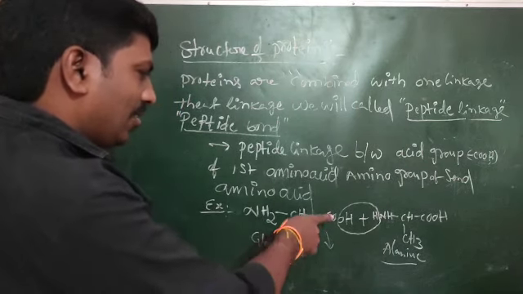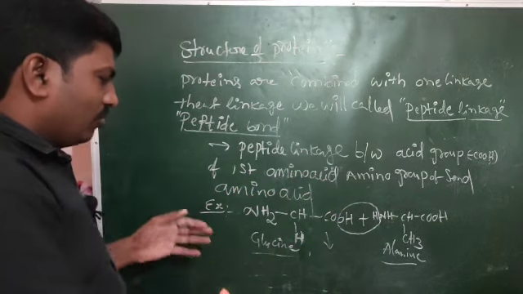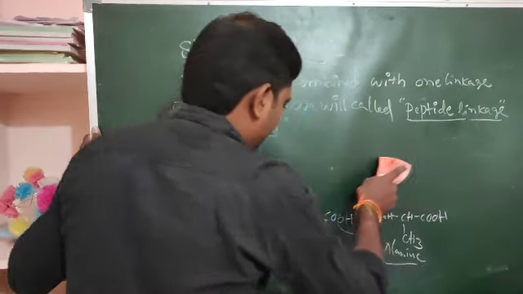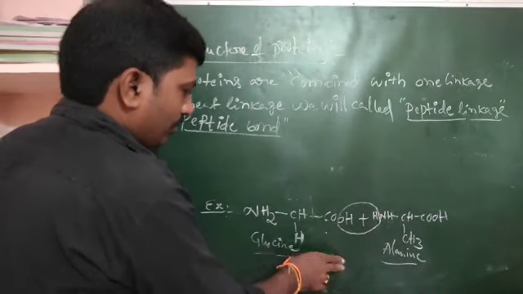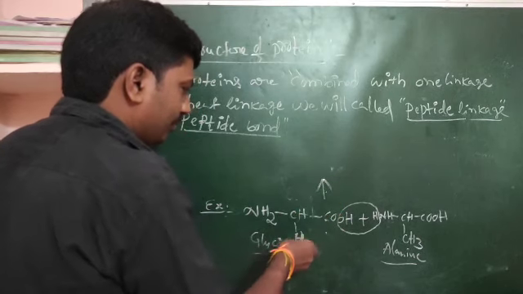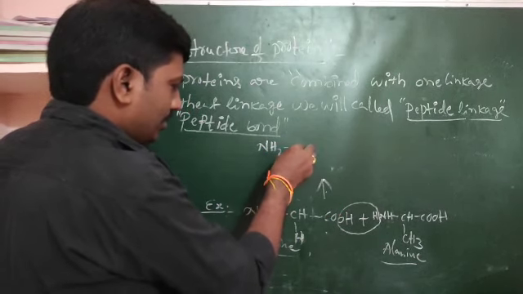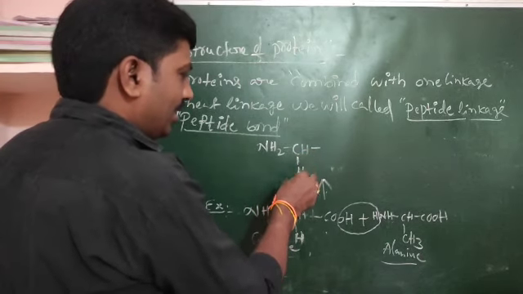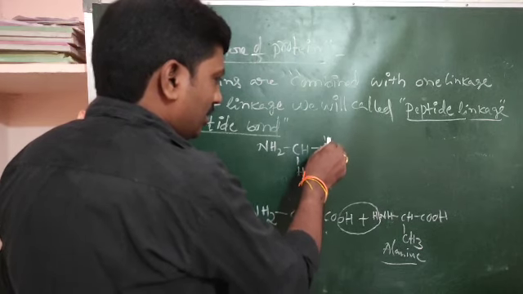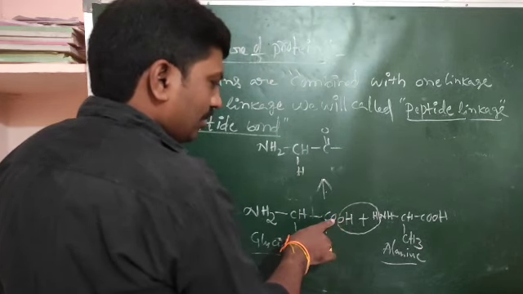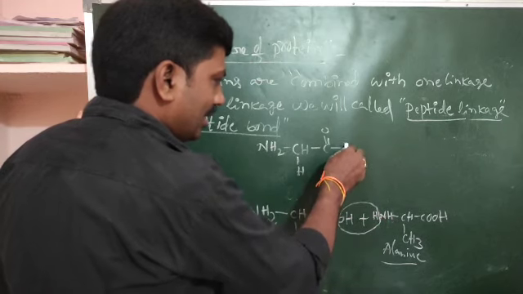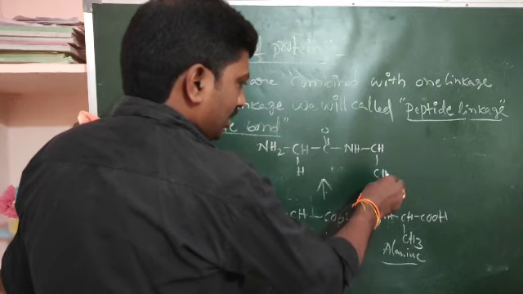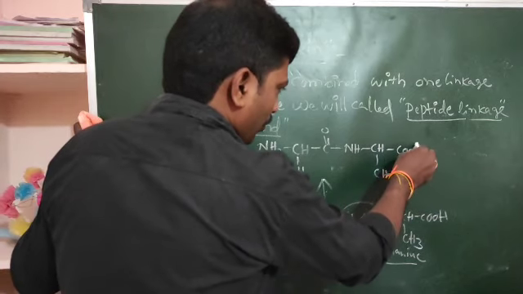Without that water molecule, we write the compound as NH2CH2, glycine, then C double bond O, then N attached, NH, then CH, CH3, and COOH.